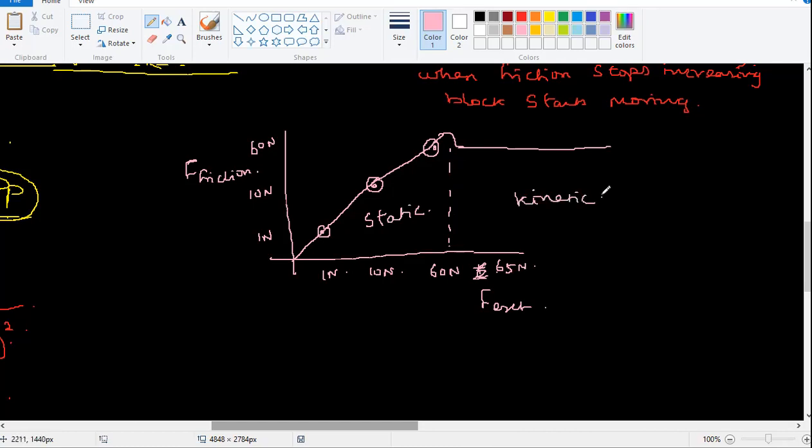The friction in this region we call static friction. Here we call it kinetic friction. The kinetic friction is slightly less than the maximum static friction. So this point is the maximum static friction.